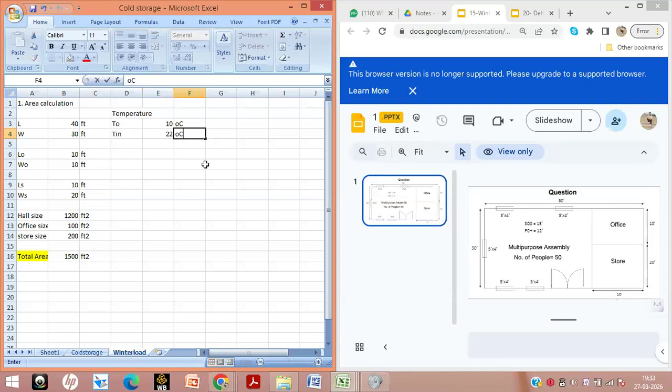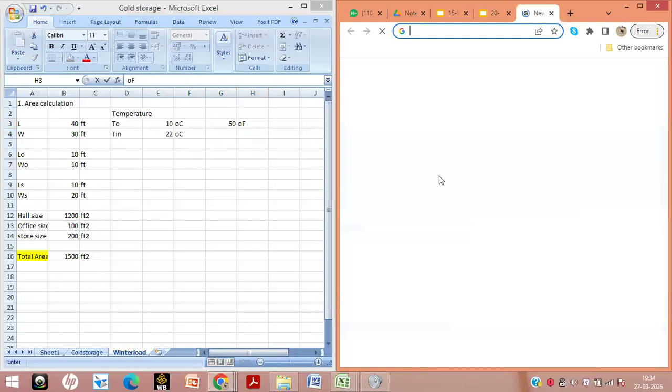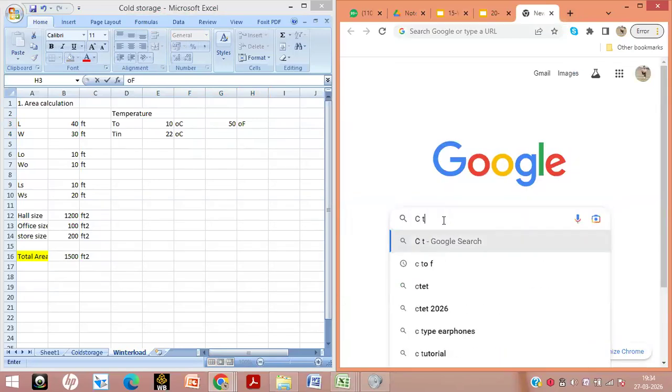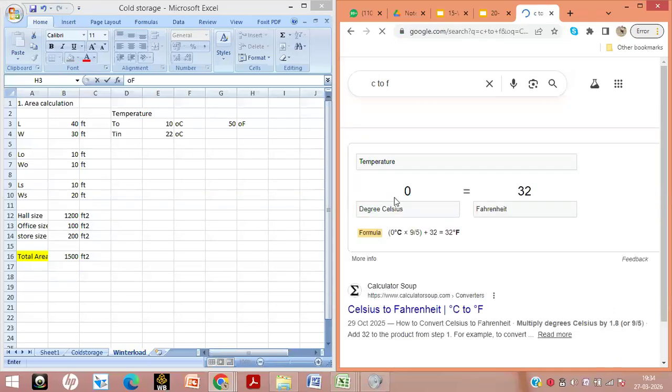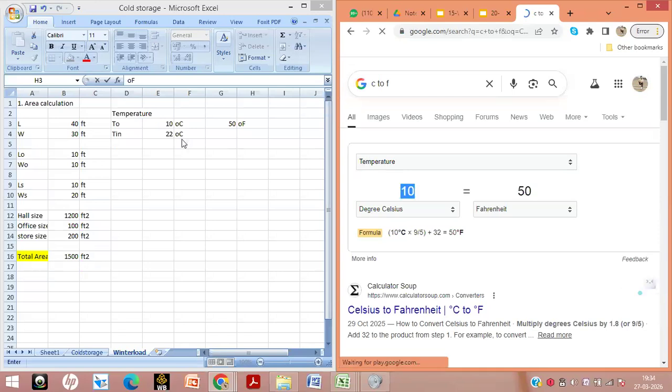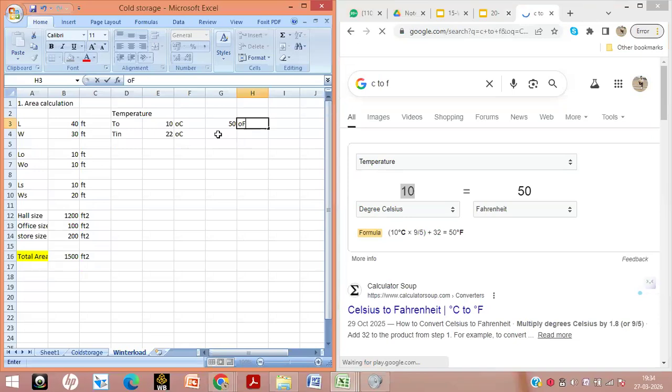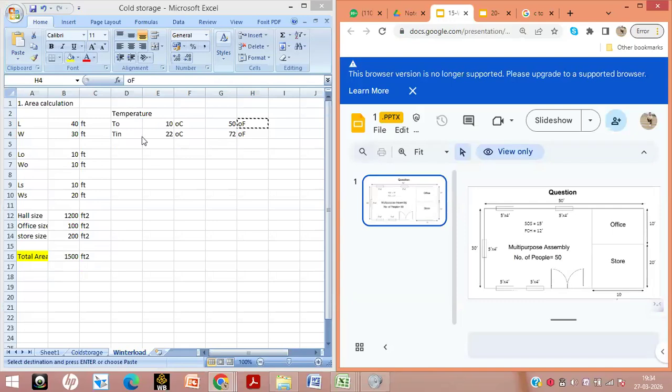Converting Celsius to Fahrenheit, 10 is 50 and 22 will be 72 degrees Fahrenheit. So this is the temperature condition.